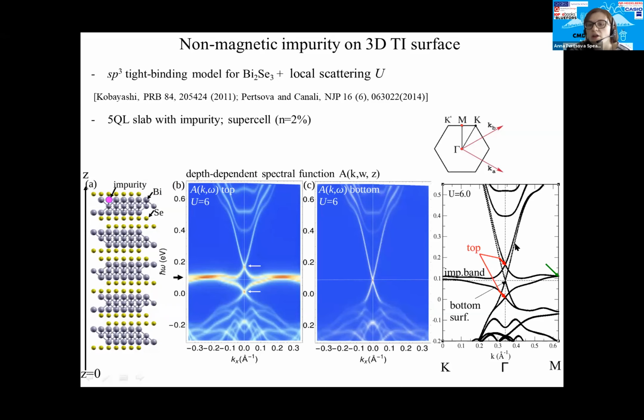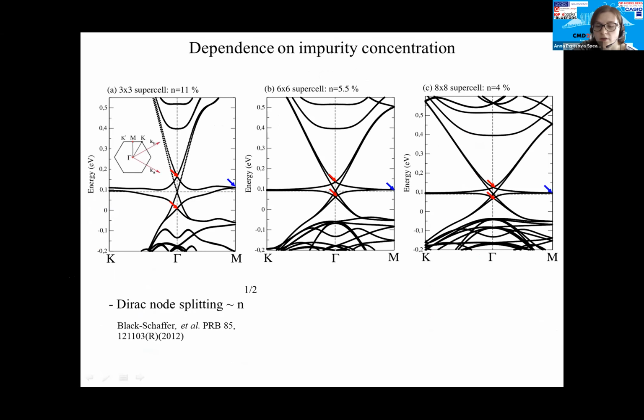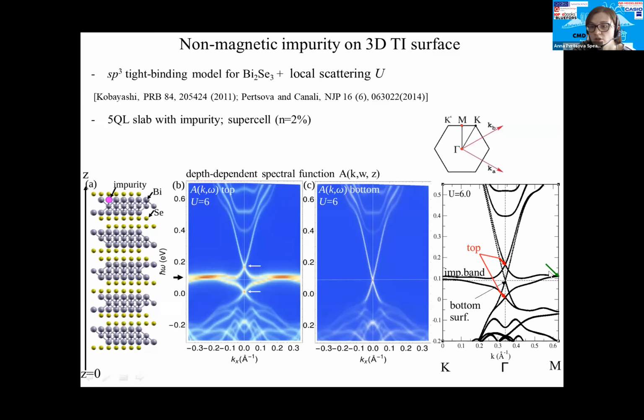In the band structure calculations, we actually have the superposition of the two, because we have the bottom Dirac cone, which is not affected by the impurity and still has a Dirac node, and we have the top surface bands, where it is clear that there is a splitting of the Dirac node, and also there is a new Dirac node appearing at the edge of the Brillouin zone.